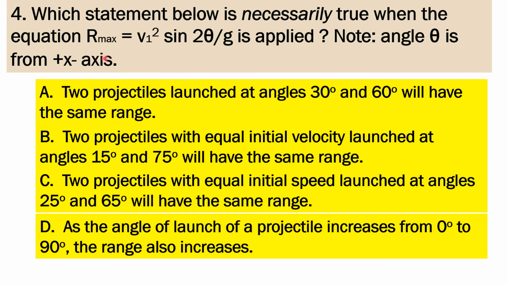So in using this R max formula, which among the statements A, B, C, D is necessarily true? We note here that the angle theta is from the positive x-axis.